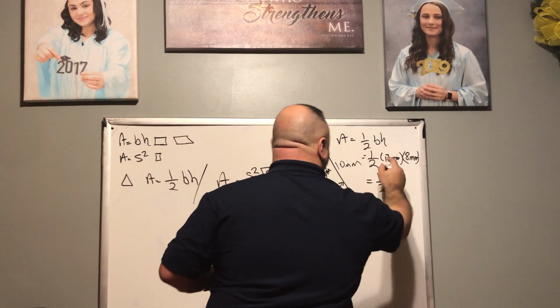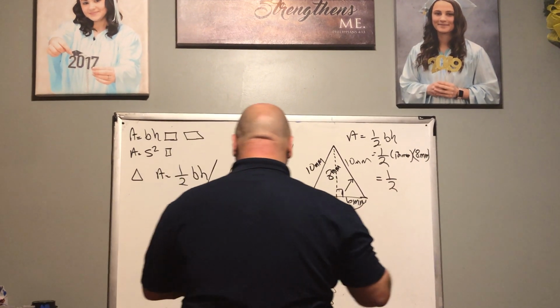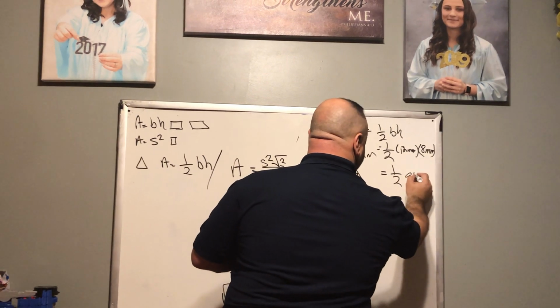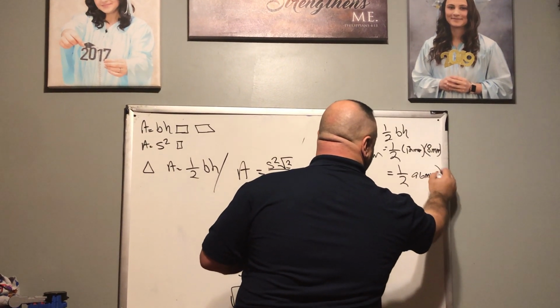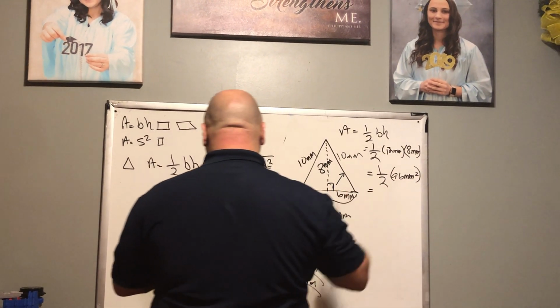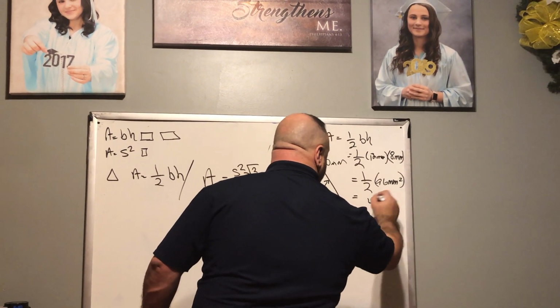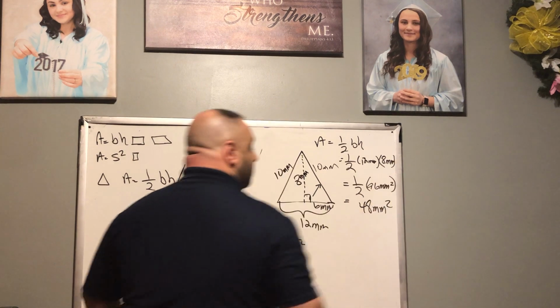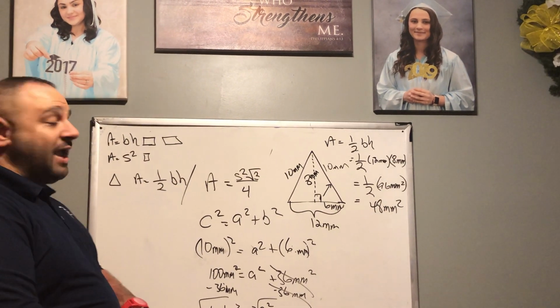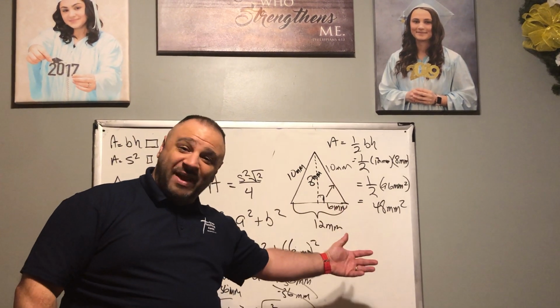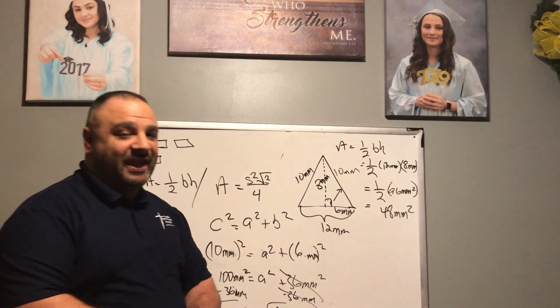So 12 times 8 is 96 millimeters squared, and then we multiply that by 1/2, and we have 48 millimeters squared. So again, applying what we learned last pace, bringing it with us in this pace.